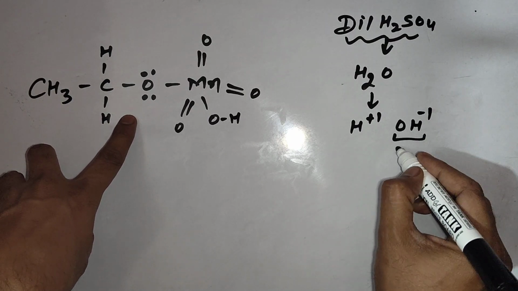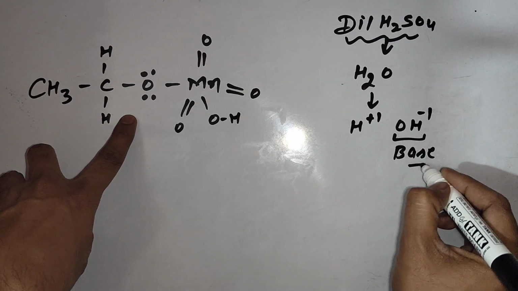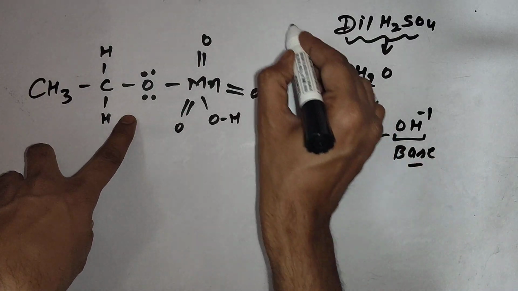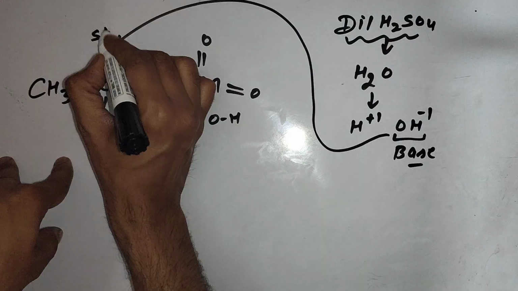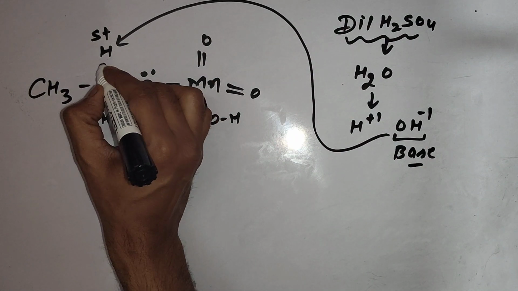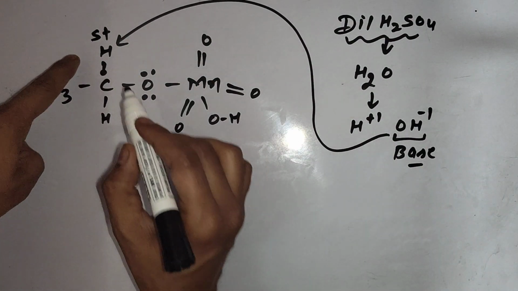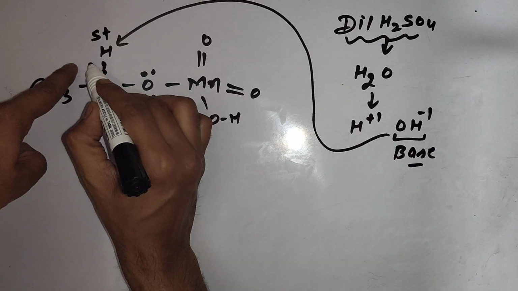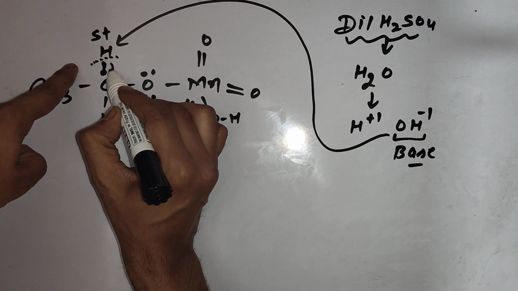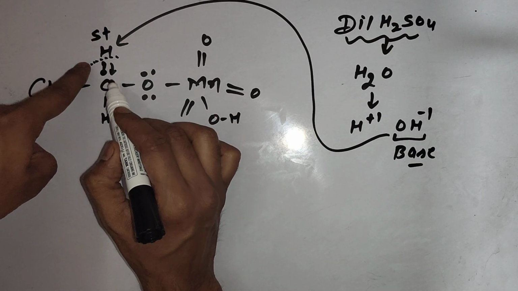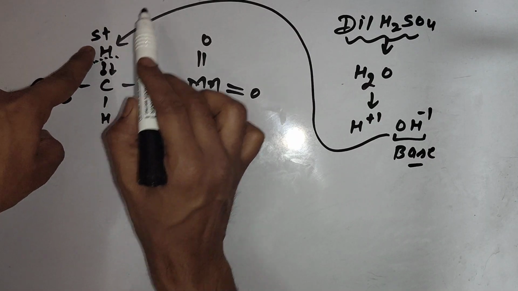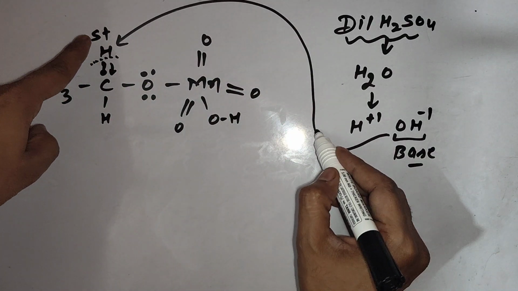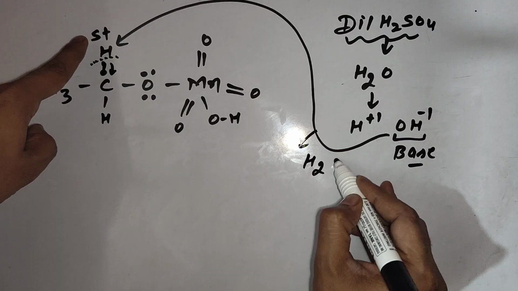This OH negative part will work as a base and will start attacking these hydrogens which are highly acidic, due to which bond breakage will happen, and obviously these electrons will shift toward carbon, because carbon is more electronegative than hydrogen, and it will release out as H positive, which will be balanced by OH negative, leading to H2O.